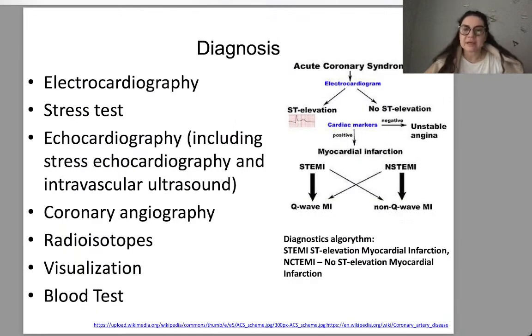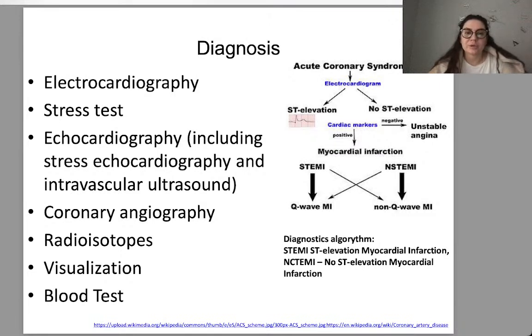For making the diagnosis, we usually use such tests. First of all, it is ECG, the most simple, the most usable, and the most specific test for it. Moreover, we can use a stress test. We can implement stress in ECG, in echocardiography, in other methods I will show you.